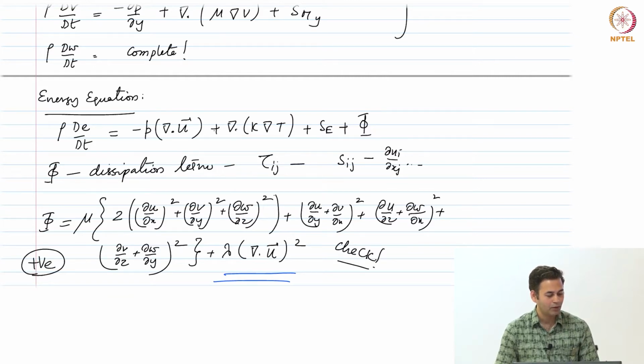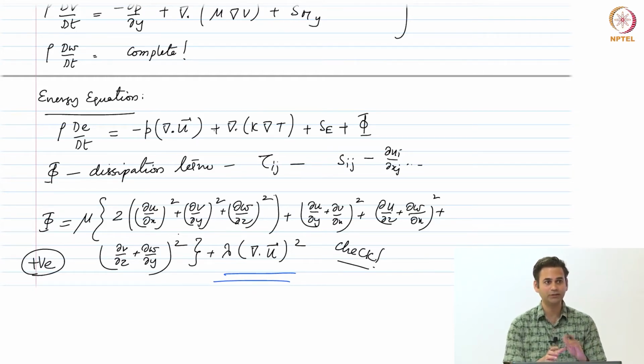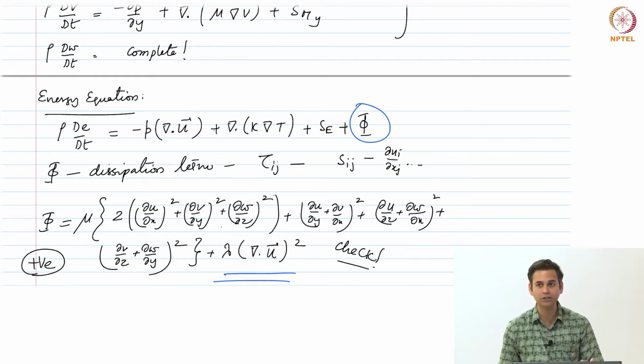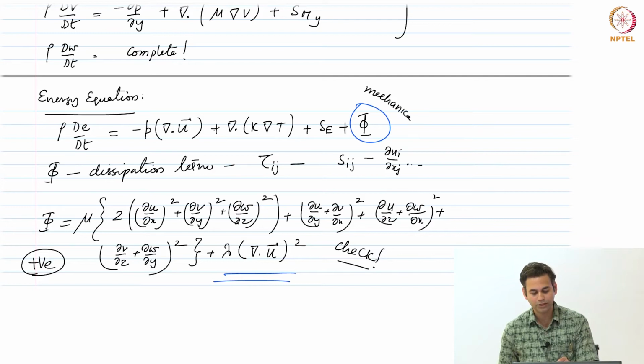Now, what is it actually doing? You have the strain rates, which are the deformation rates which describe the deformation of the fluid particles as the fluid flows through, and you are getting the deformations, which is described by this phi, which is acting as a source term on the right hand side of the energy equation, right. So, this is basically dissipation because it is converting the mechanical energy, which is the partial ui by partial xj, all these terms, that is the mechanical energy of the fluid, into thermal energy.